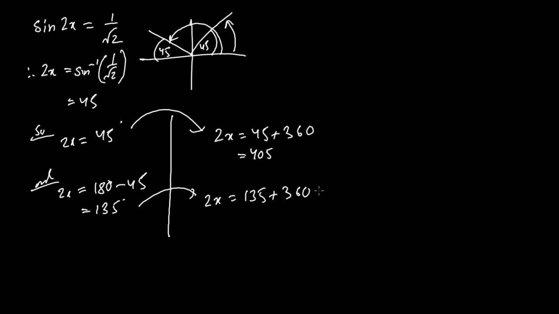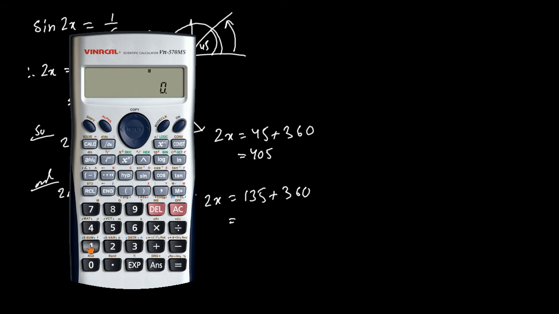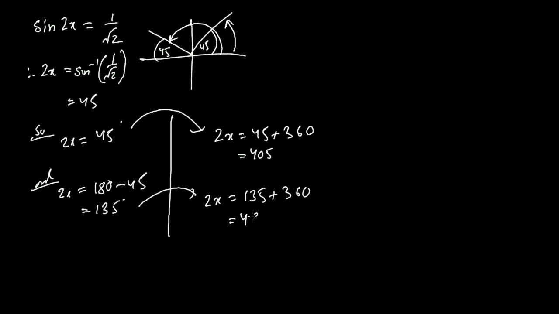You see, all the way around again. That would be 135 plus 360 degree, that would be 495 degree. So we are done. Instead of 2 values we are getting 4 values because of another revolution.